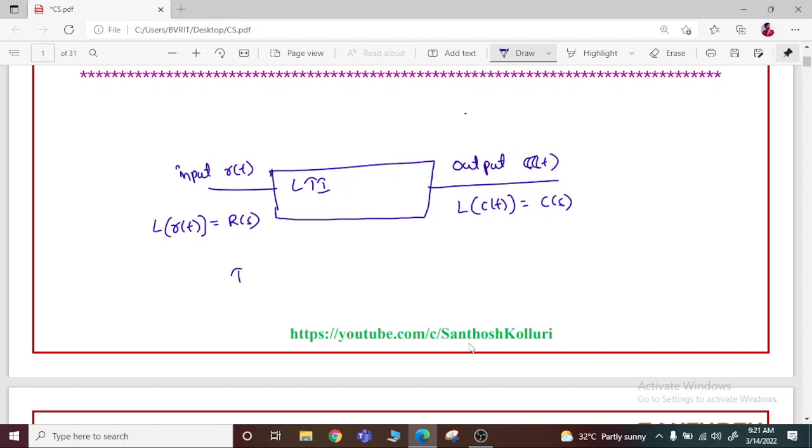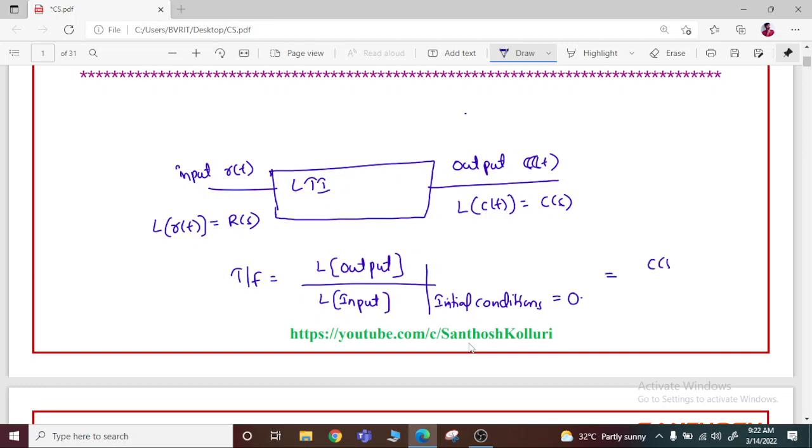So by the definition, the transfer function can be defined as Laplace transform of output by Laplace transform of input at zero initial conditions. Initial conditions are 0. So this is nothing but C of s by R of s. So this is our transfer function.